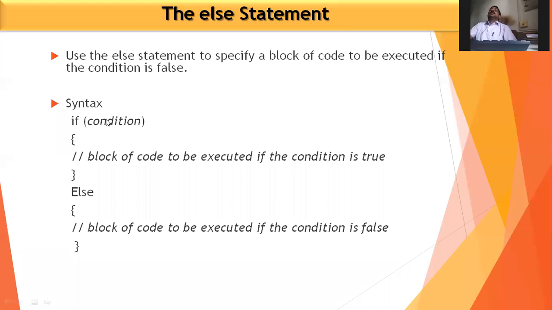Again the Boolean expression, that is the condition, is provided after if in the parenthesis, for example a is less than 5 or not. And these are the two parts. This is the curly bracket of the true block: the block of code to be executed if the condition is true.